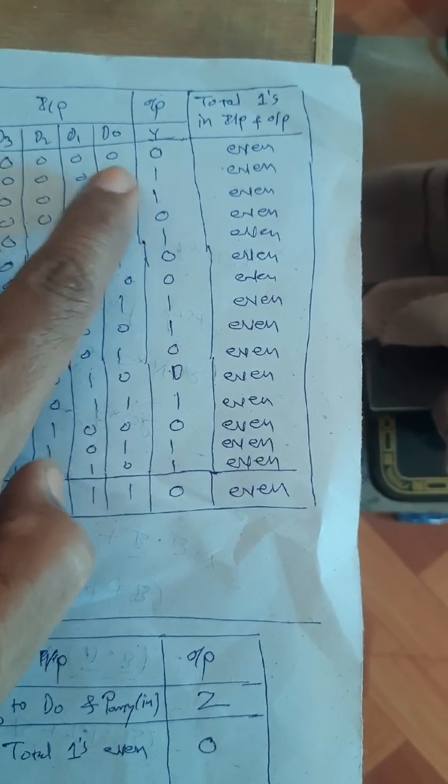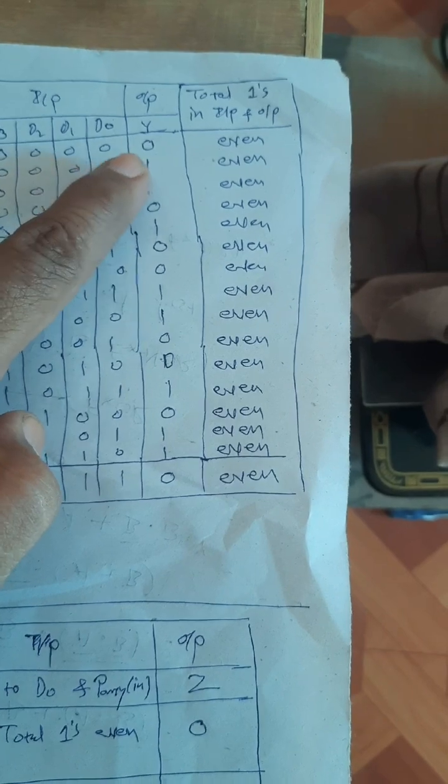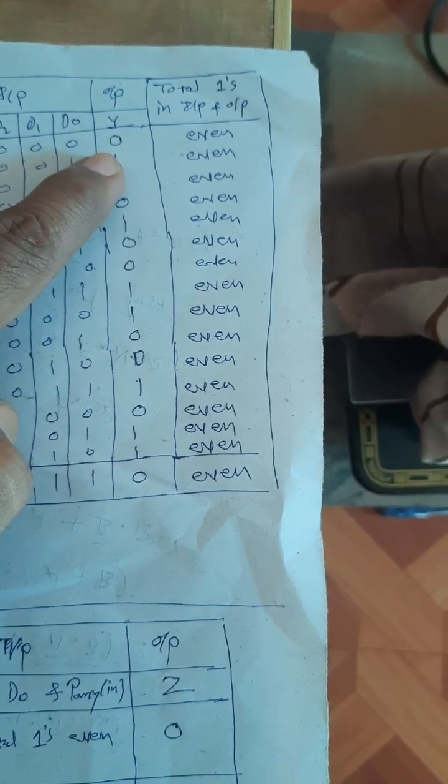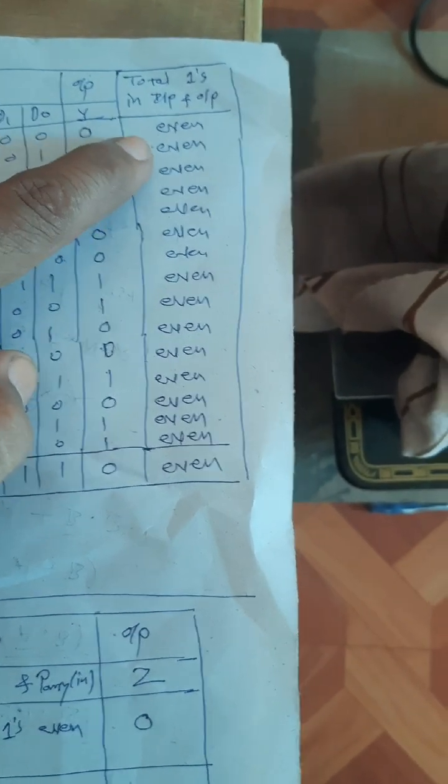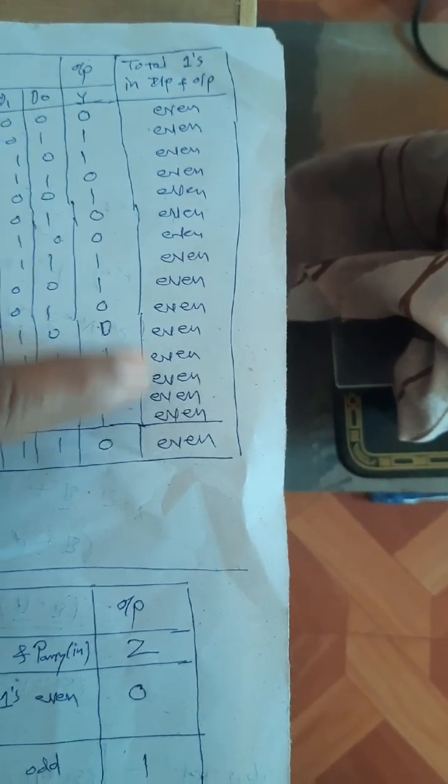Now, the interesting thing is that along with the 4-bit data, if I include the parity bit, that is the output, then the number of ones is always even, correct, is always even.